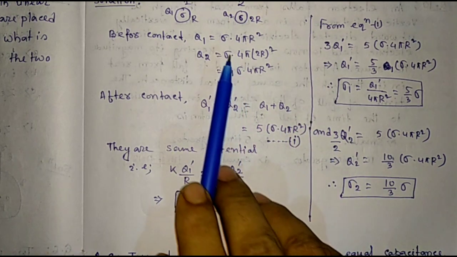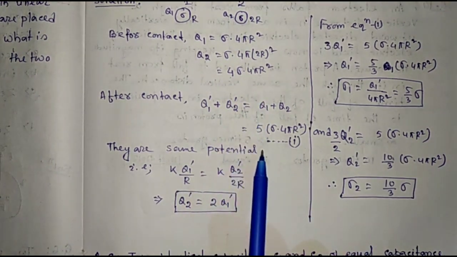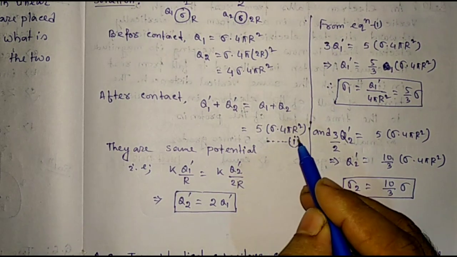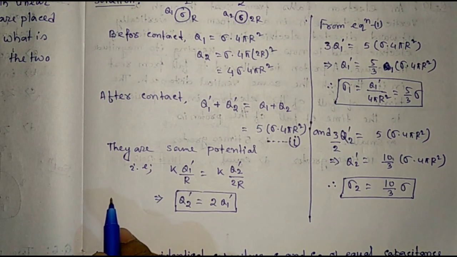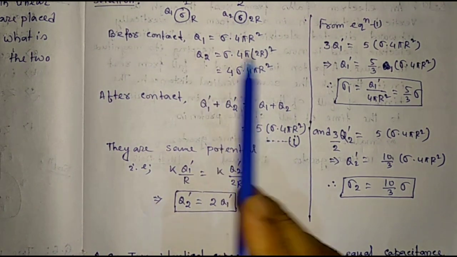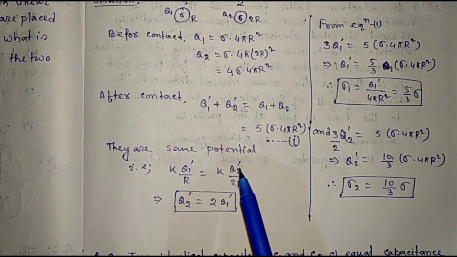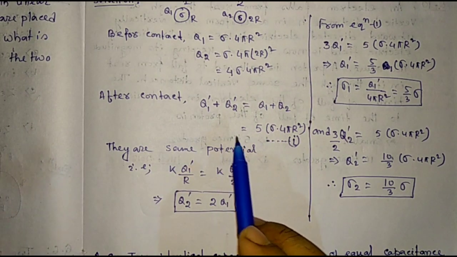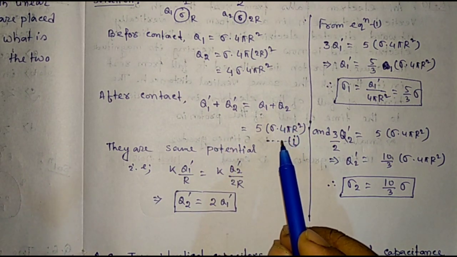This is equals to sigma 4 pi r square plus 4 sigma 4 pi r square, this is 5 into sigma 4 pi r square, and we call it equation number 1. Now as the charge flows from one sphere to another sphere, the process continues till they get the same potential.